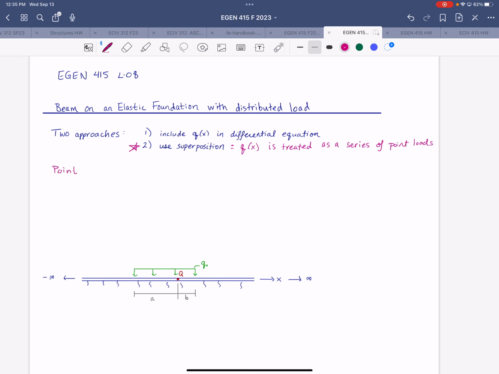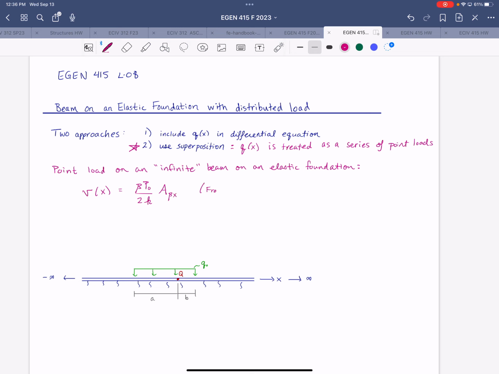So I'll write it out. That is equal to beta times P naught, which is the point load magnitude, over 2K times A beta X.